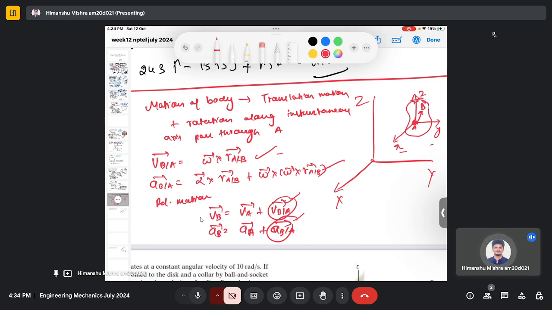It is located at some random location B. So the velocity of B can be given with respect to the velocity of A, but for that we need to find the relative velocity of B with respect to A. So we will use these equations to solve the problem. It's a similar exercise, it's just that we have to look for the velocity and acceleration of point A as well.